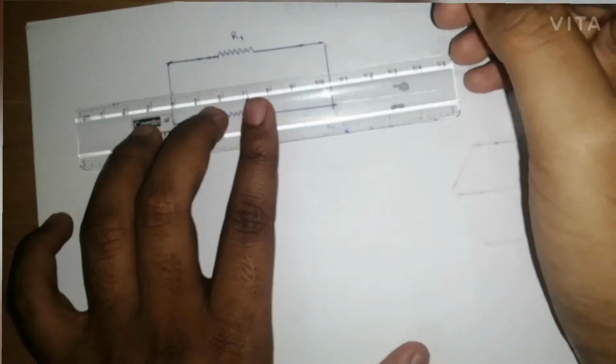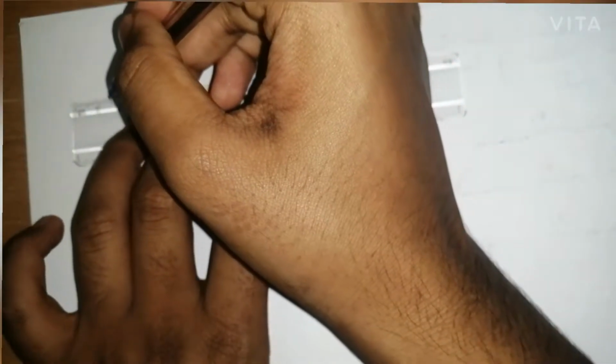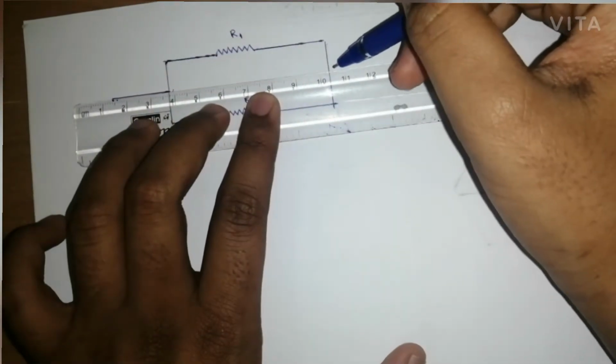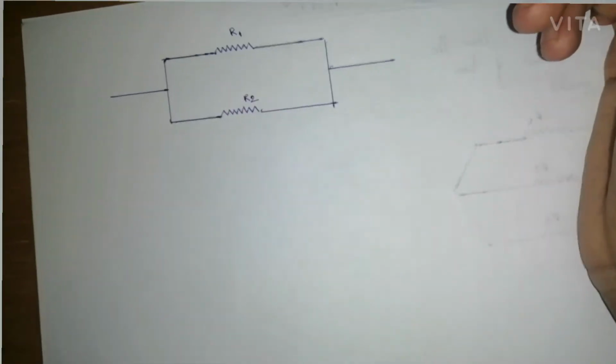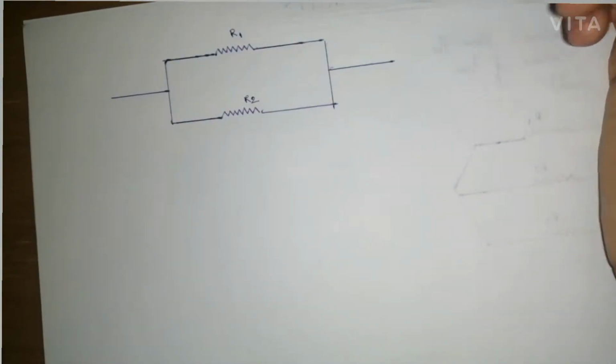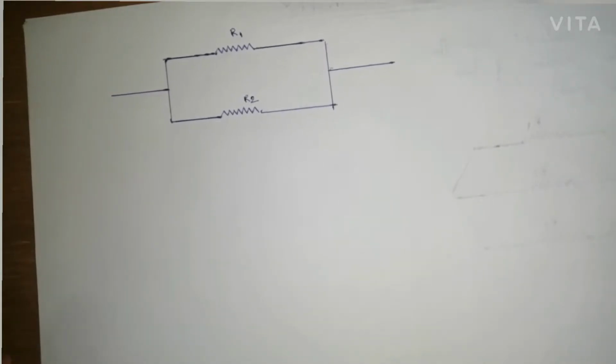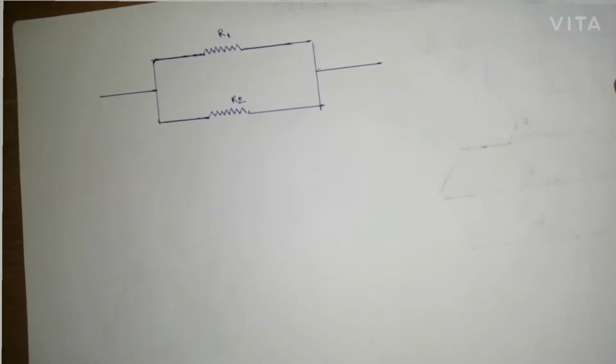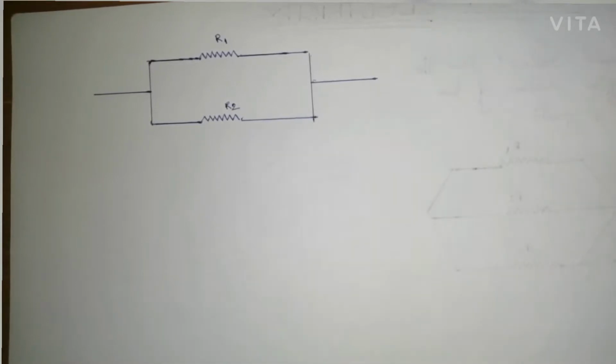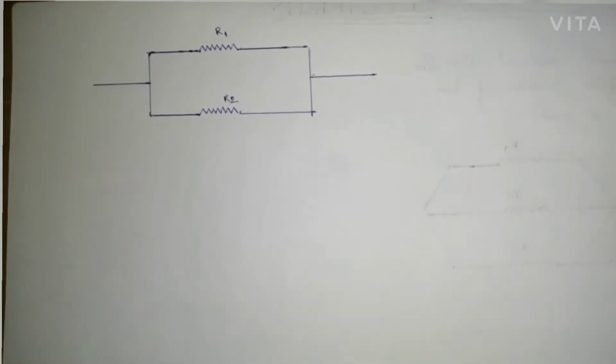You can combine these two. As I told you, in the series connection always the same current flows through both the resistors, but in case of parallel, listen to this point carefully, your potential will be the same, not the current.